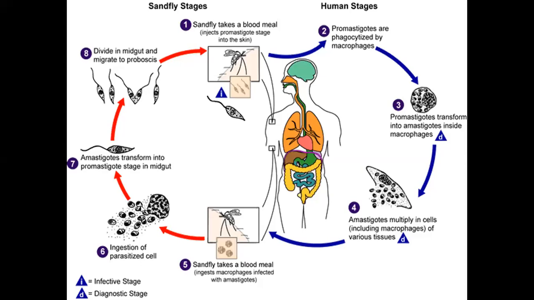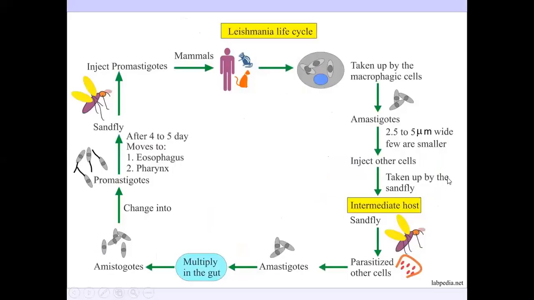Over here, they are ingested, then they are transformed into the promastigotes in the gut of the sandfly, and then they will undergo binary division, increasing their number, and finally they will go and settle down in the mouth, and from there, with the saliva, they will be injected into the human. So the infective stage is from here. This is the infective stage, and diagnosis is when they are within the macrophages, and we are going to look for the amastigote forms.